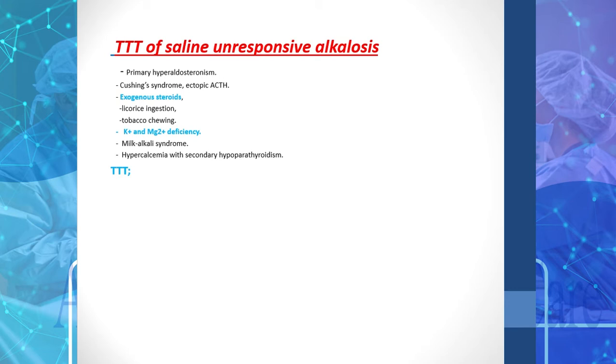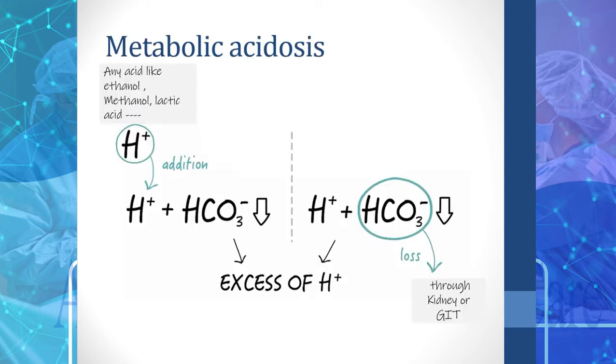If it is due to hypercalcemia or secondary to hypoparathyroidism, we will check for it. The treatment is usually causal, correct the electrolyte disturbance, and lastly we can give spironolactone as an aldosterone antagonist. How do we differentiate between the two? As I told you, by urine chloride.